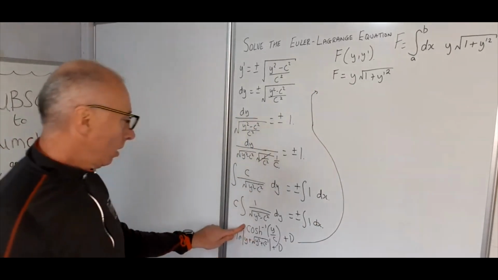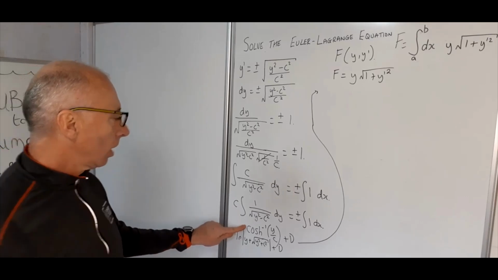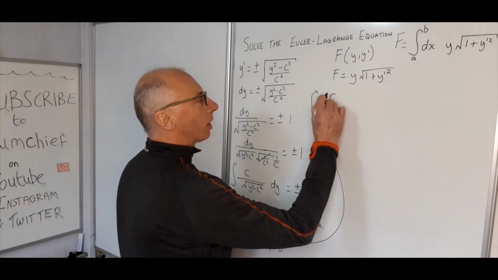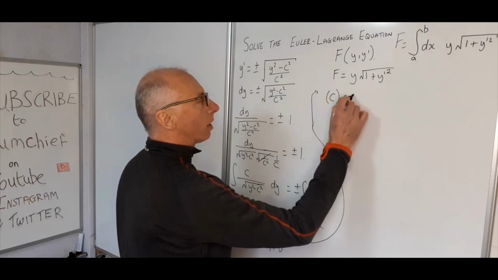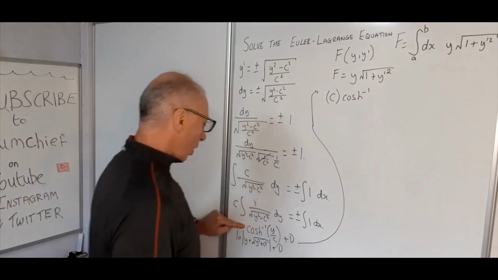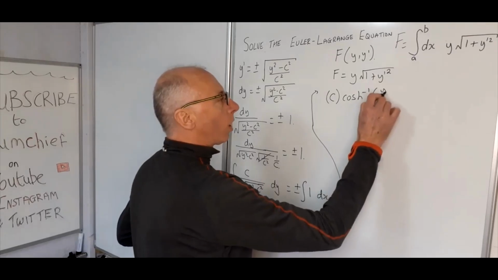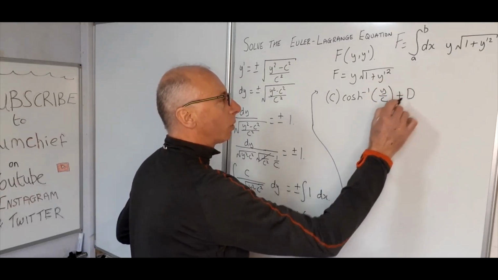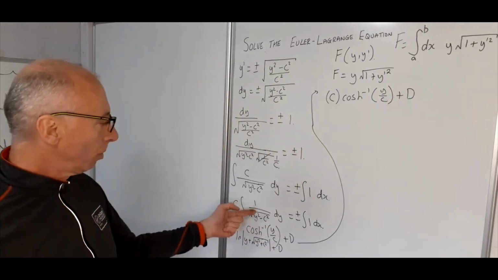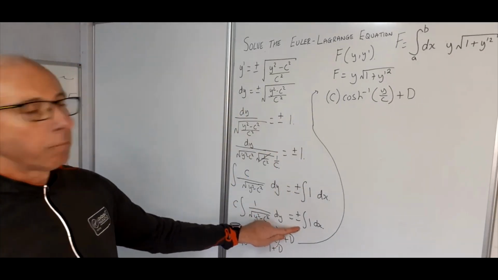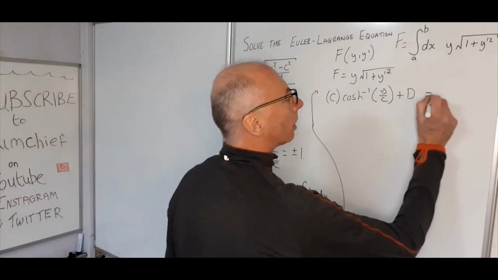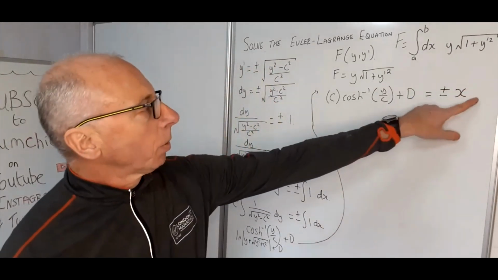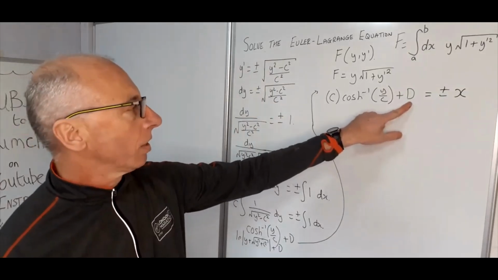Okay, so we can write here now c times inverse cosh, so I'll put the c in brackets, inverse cosh y over c plus our constant multiple d for this integral part, and that will equal plus or minus x.